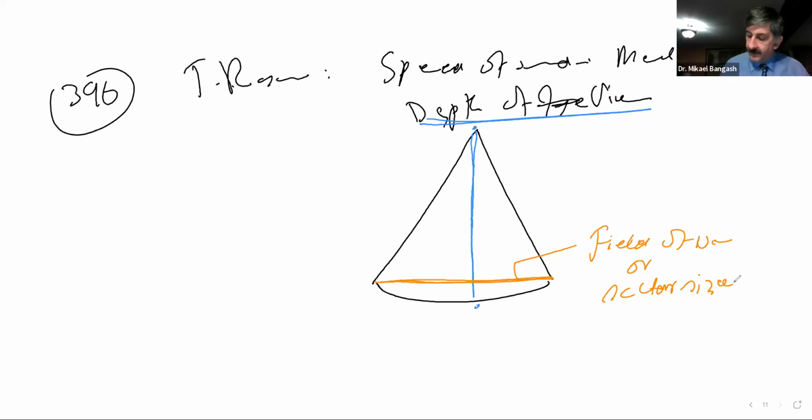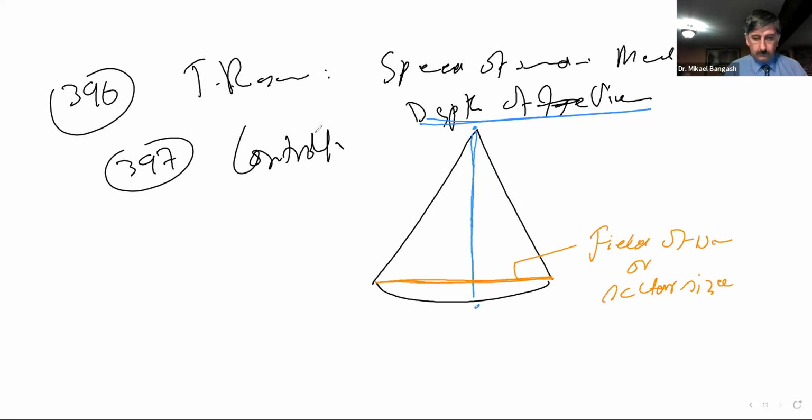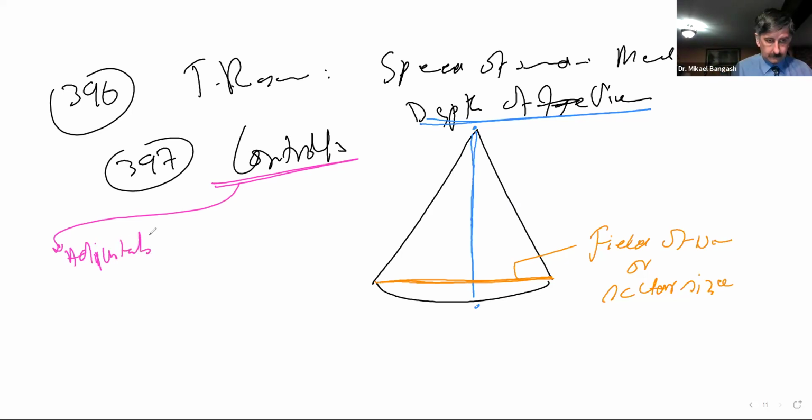Question number 397. Which two controls determine your system's temporal resolution? By controls they mean those that are adjustable. Clear? And what were they?